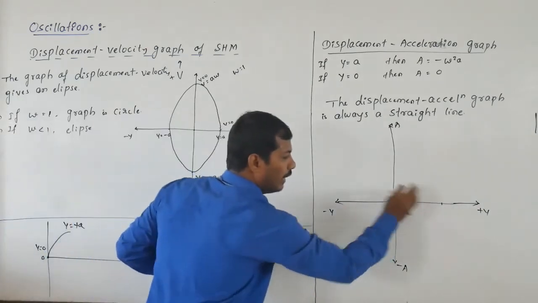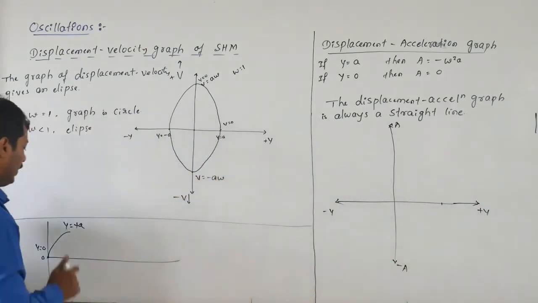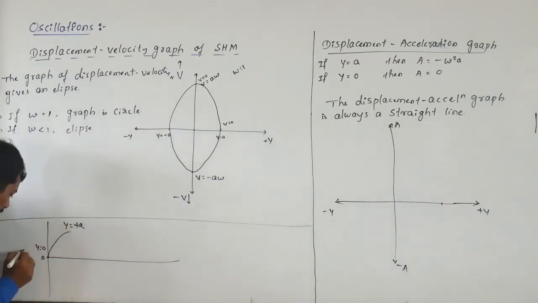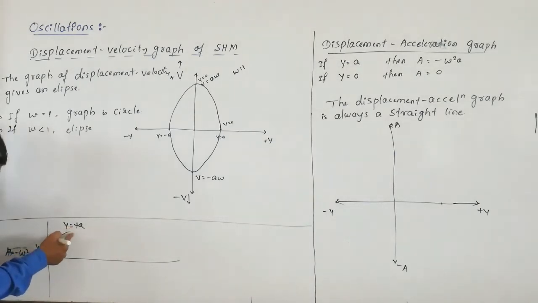If y is equal to plus a, what about the acceleration? Acceleration is equal to minus omega square into y. At the mean position, y is equal to 0, then acceleration is also 0. But at the extreme position, y is equal to a.